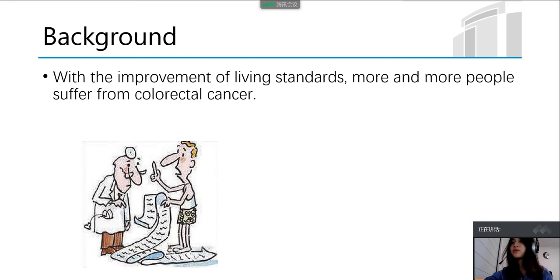With the improvement of living standards, more and more people suffer from colorectal cancer. According to the data released by the National Cancer Center, the number of cancer patients in 2015 was about 3.929 million, and the number of intestinal cancer cases was 388,000 in China.